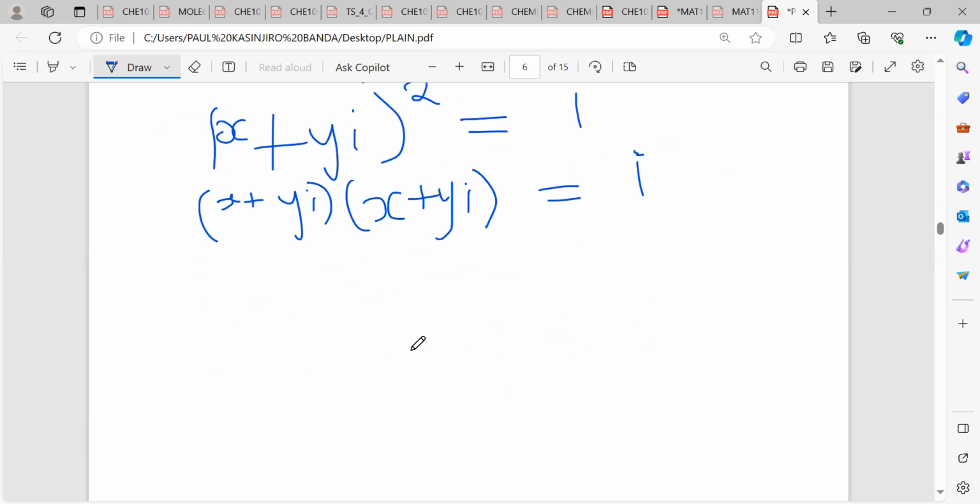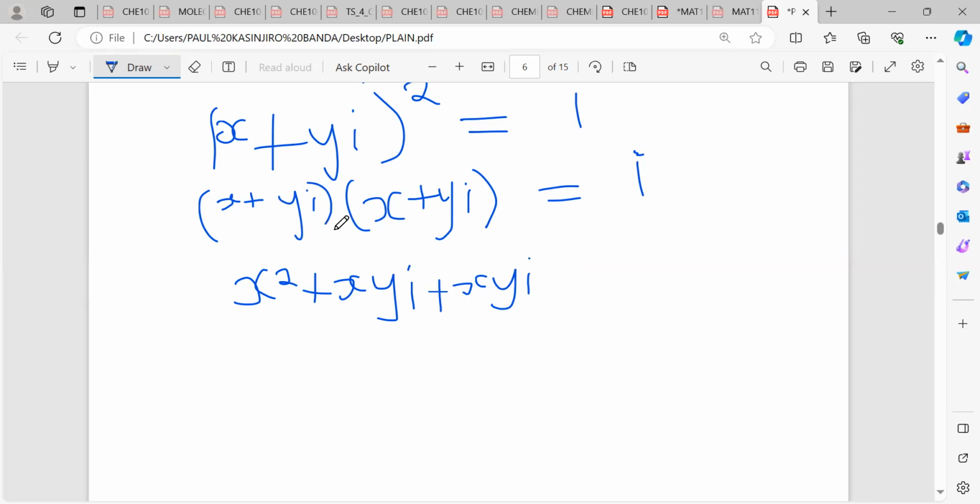Then from there let's expand this. This x multiplied by this x is x squared. Then this x multiplied by yi, it will be what? xyi. It will be the same for yi multiplied by x, so we have those appearing twice.